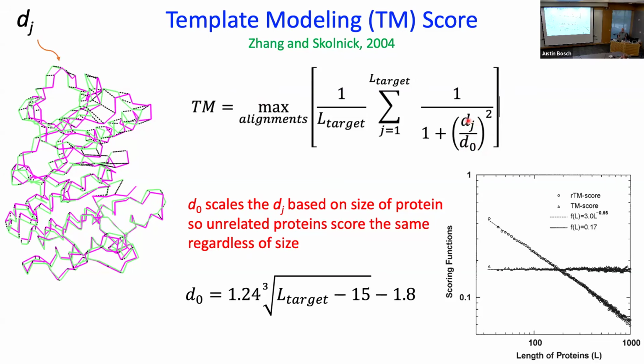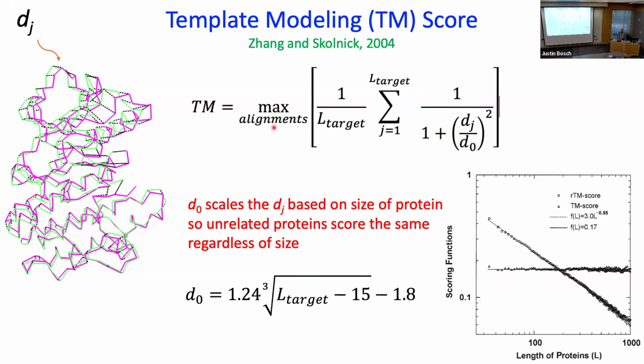So 0.1 squared is 0.001. 1 plus 0.001 is 1.001. 1 divided by 1.001 is 0.995 or something. So it's a number very close to 1. So if the distances are all very small, you're adding up a lot of numbers, 1 plus something a little bit bigger than 1, but not by much. So you're adding up a lot of 0.95s, 0.99s. They're all very small. Take the average of those.